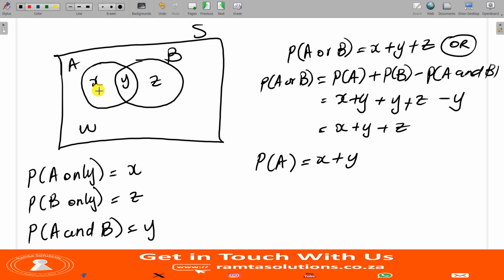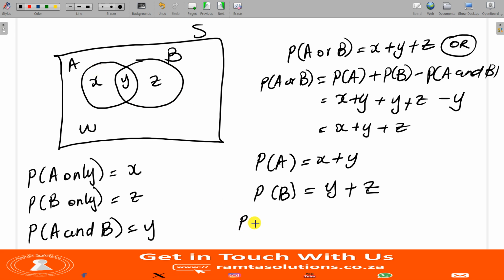They are probabilities. Now, probability of B, what is it? It's Y plus Z. That means when I say B, I'm looking at the circle of B.